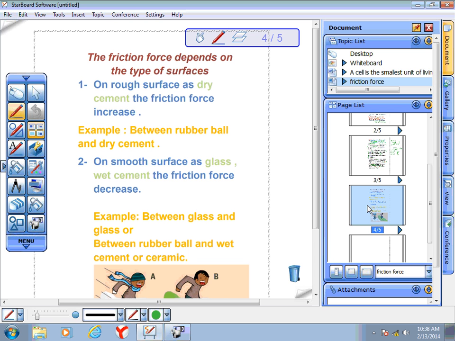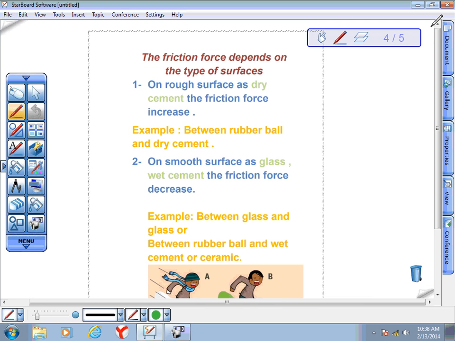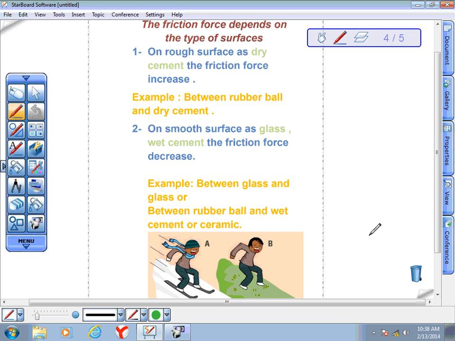Finally, we found that the friction force depends on the type of surface. If the surface is a rough surface, the friction force increases.